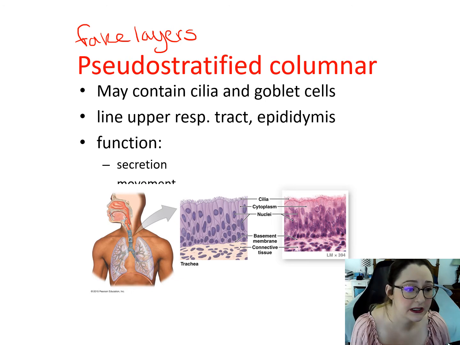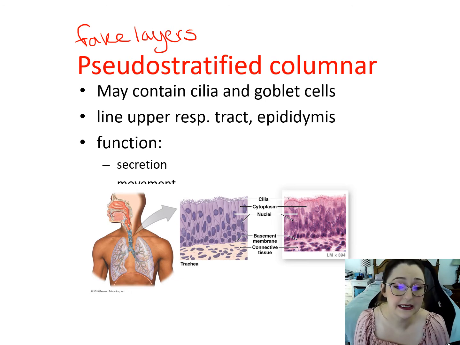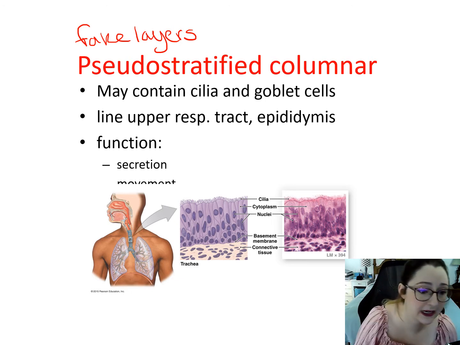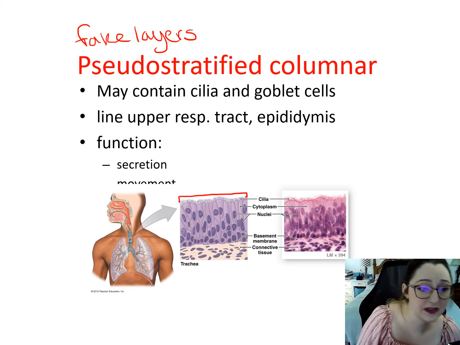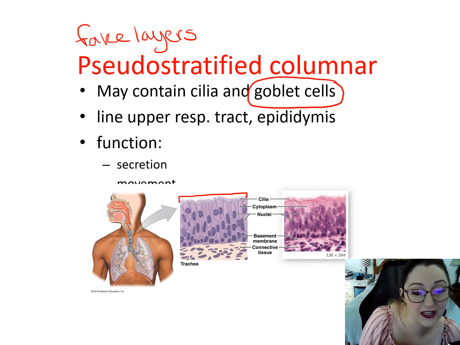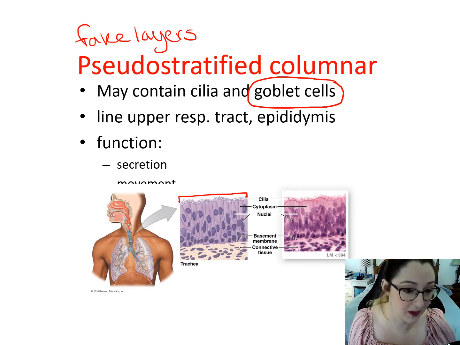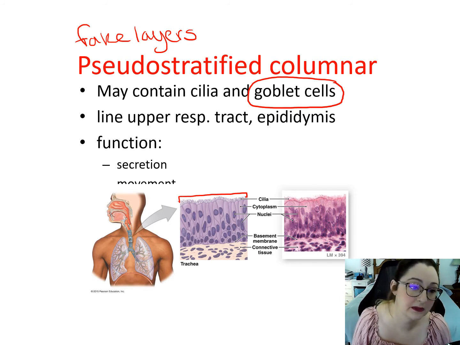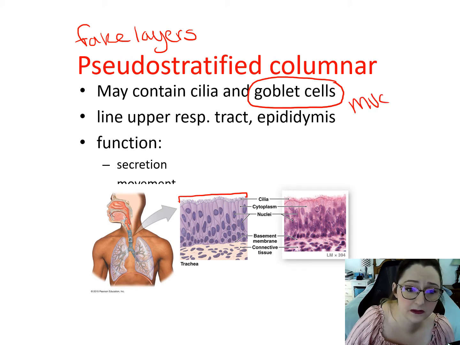And you're going to notice that they contain cilia, so these little hairs on the top, and goblet cells. Probably the coolest thing. I really love these, and I love the name for them as well. So when it comes to goblet cells, they are going to contain mucus.